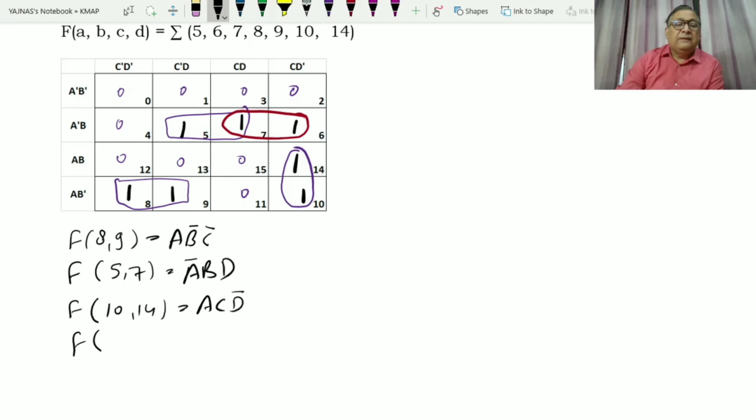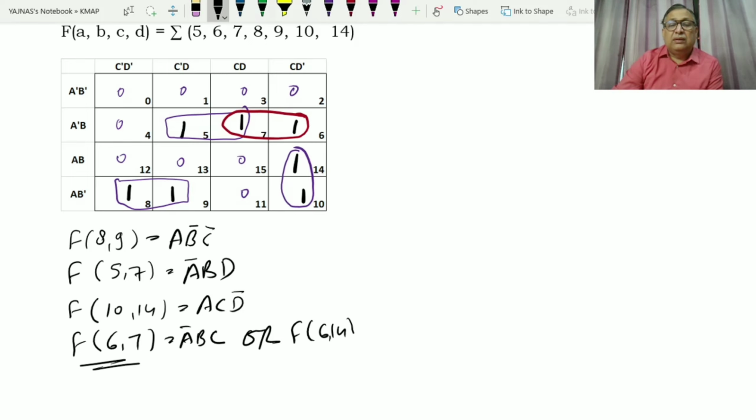Then 6, 7 is A bar B, and from the top of 6, 7, C. Or if I take 6, 14, it will give you B from the left, and from the top CD bar.